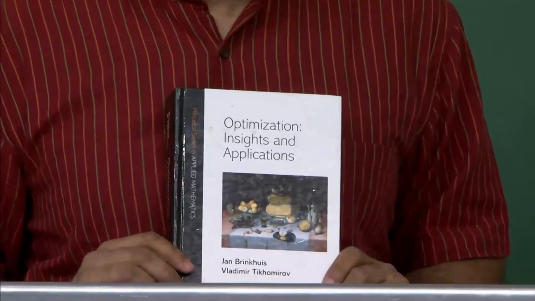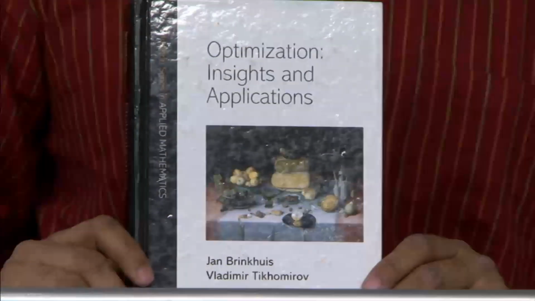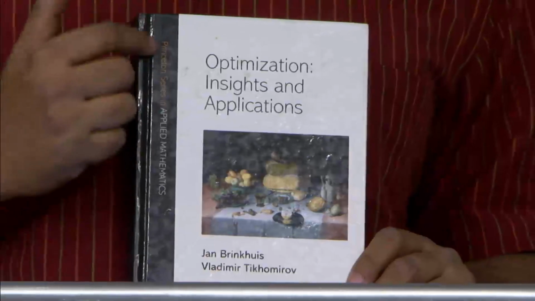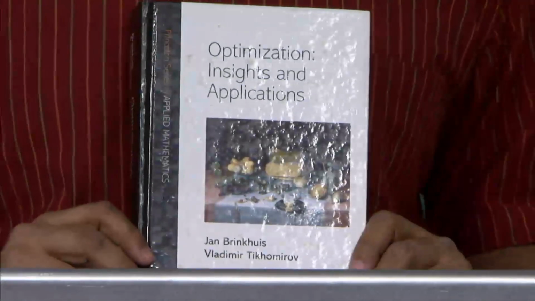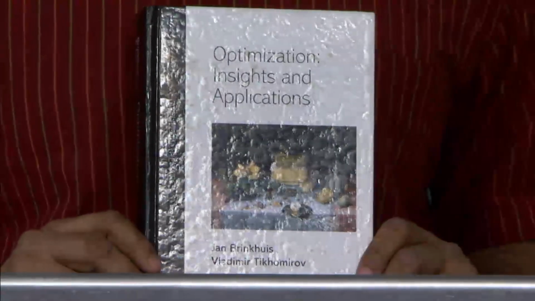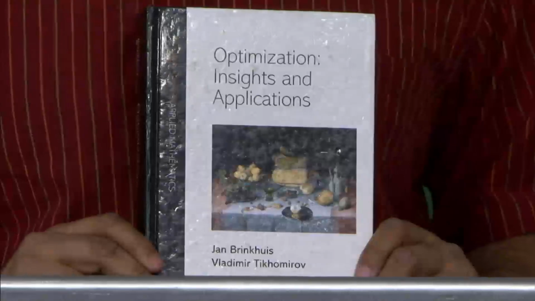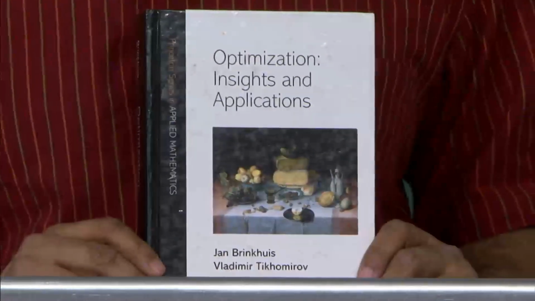This book is a fabulous book, whether you want to do convex optimization or even the non-convex one, it has a huge amount of insight. It is published by Princeton University Press in the Princeton series in applied mathematics, quite a recent publication, and it is just a mind blowing read, and it is something everybody who wants to do anything with optimization should have a copy of on their desk.